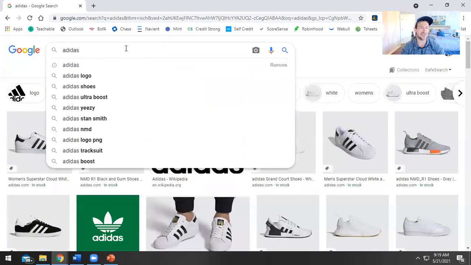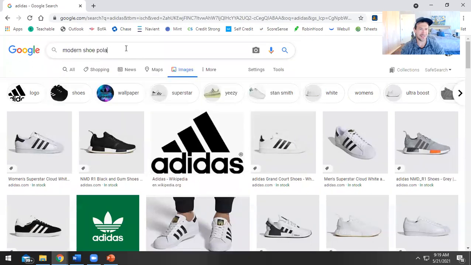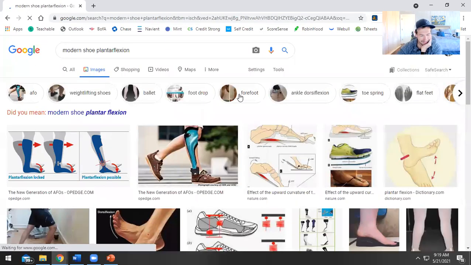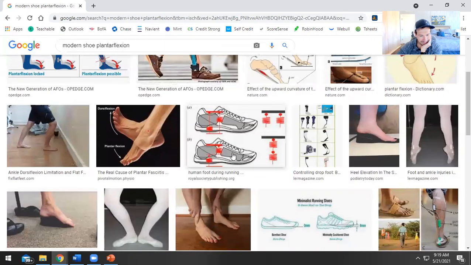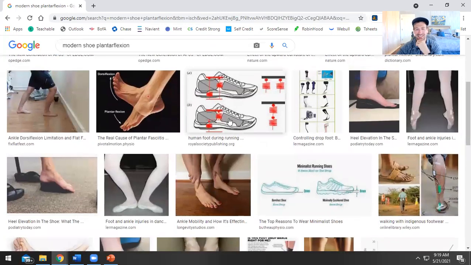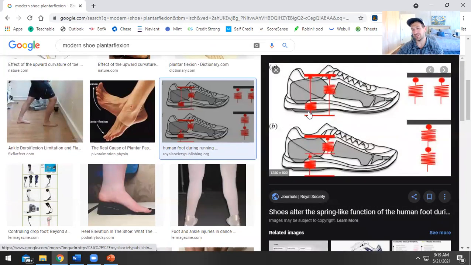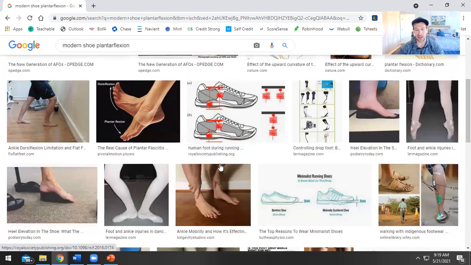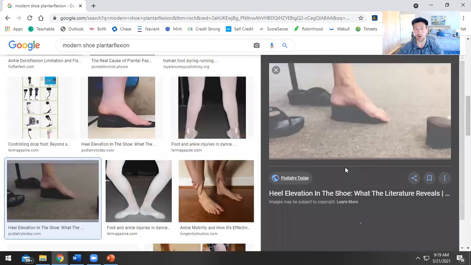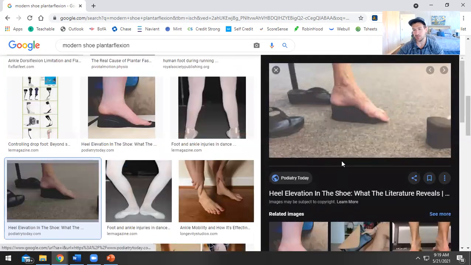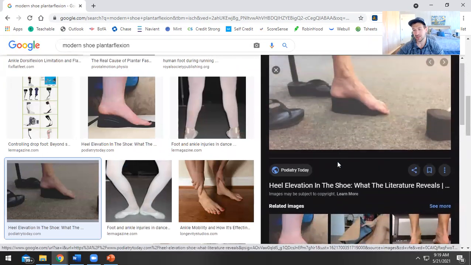Actually, let's see here. If I Google modern shoe plantar flexion, what comes up? Not much. But yeah, we are seeing a lot of padding back here, right? So it puts you into these major plantar flexed positions. That's a very extreme example there.